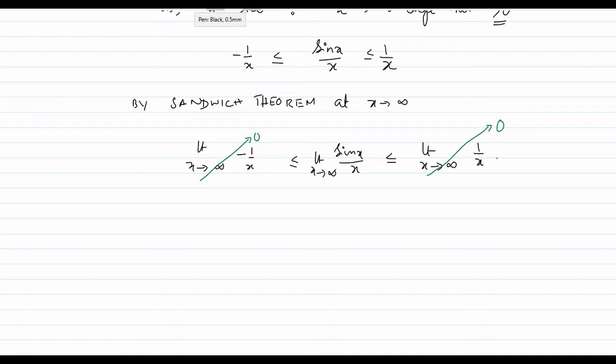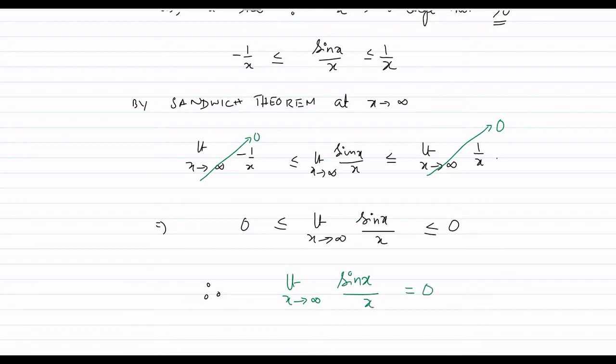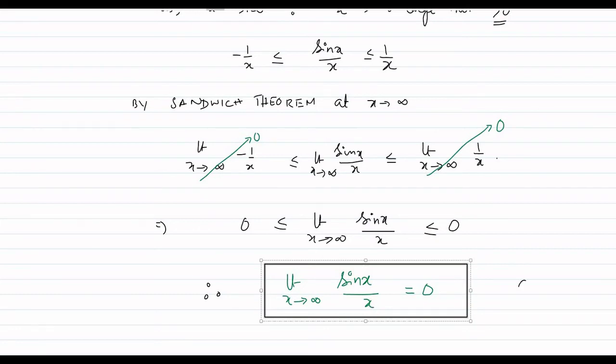You can follow part 7 of the limit series and you can get to know how we find this is 0. So finally 0 is less than or equal to limit x tends to infinity sin x by x, which is less than or equal to 0. So the final answer is limit x tends to infinity sin x by x is none other than 0. So this is the answer. This we have got using the Squeeze Theorem or Sandwich Theorem.